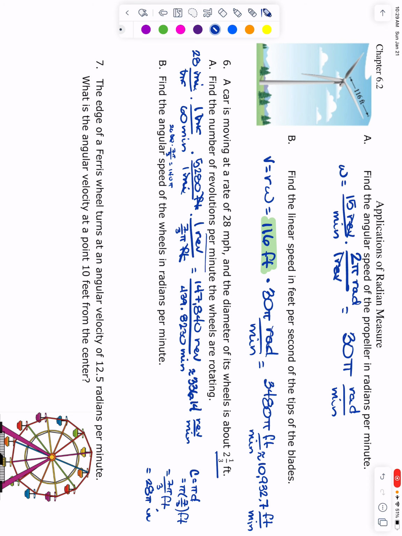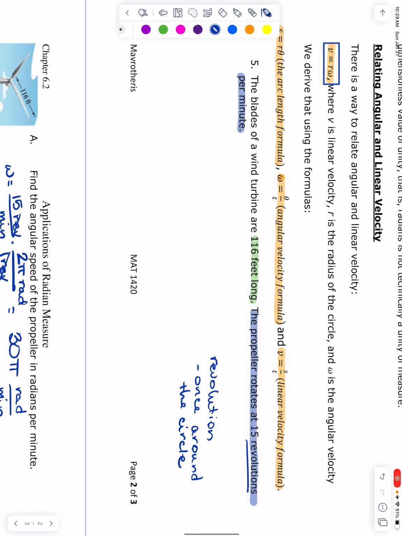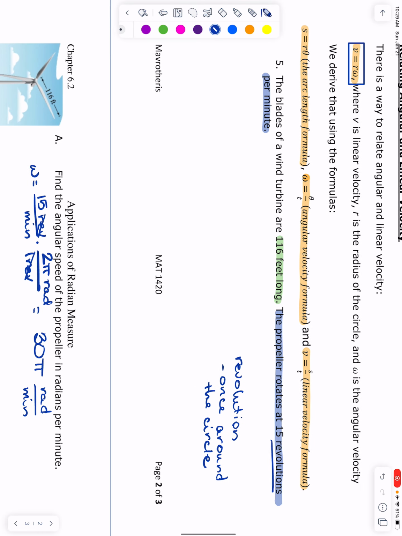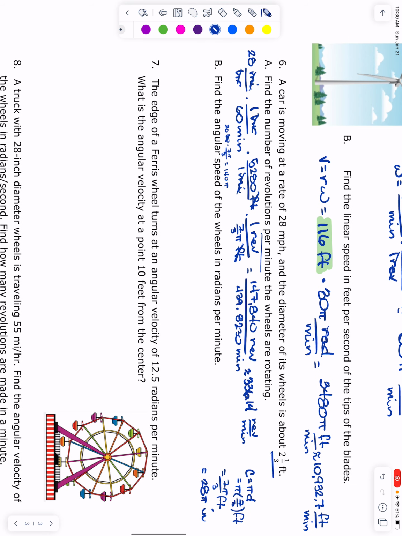So now we want the angular speed, and we go back up here. Our angular speed is angles divided by time. So our angular speed, we want an answer in radians per minute. So this is one of those cases I am not going to worry about formulas.